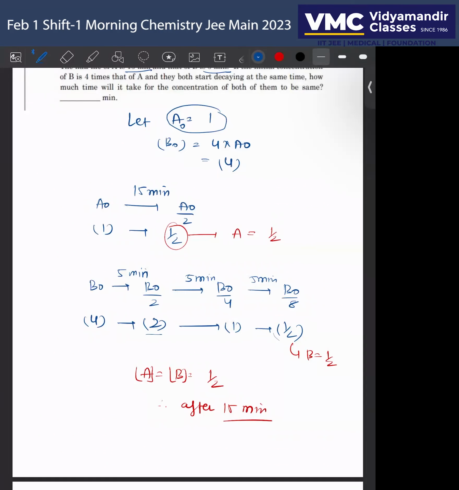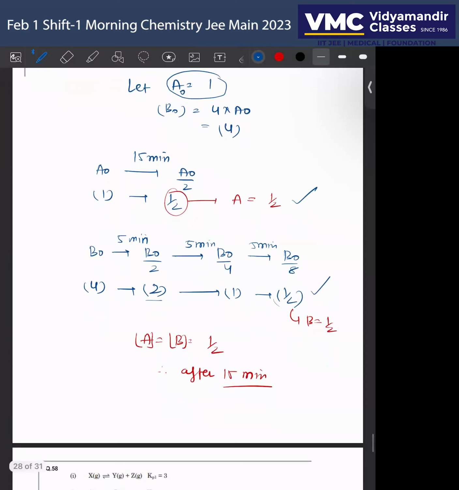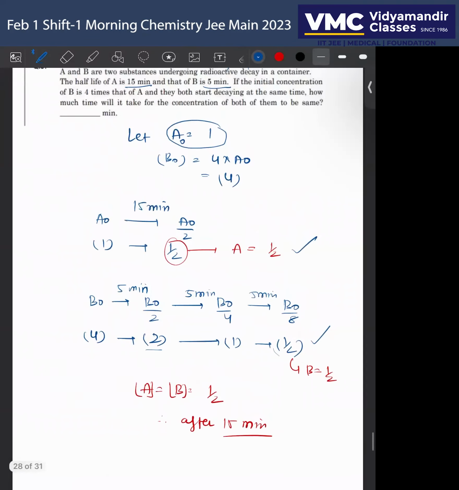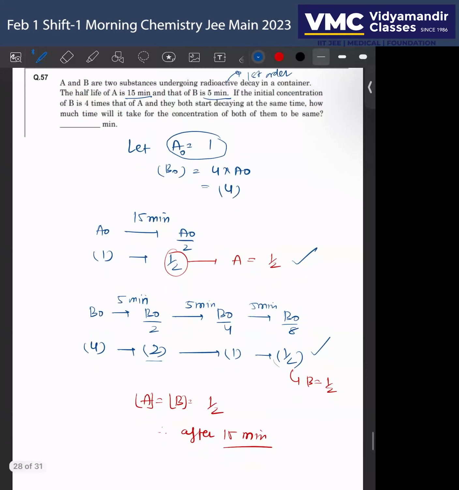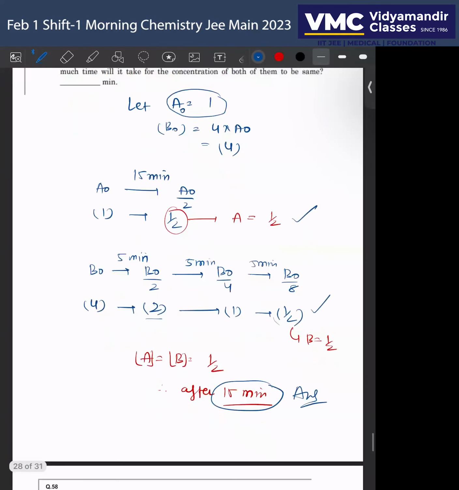It again becomes half, that is 1, in 5 minutes, and it again becomes half, that is half, in 5 minutes. Total minutes are 15. Both B and A have the same concentration here, half and half. So after 15 minutes, the concentrations of A and B will become the same. So 15 minutes is the right answer.